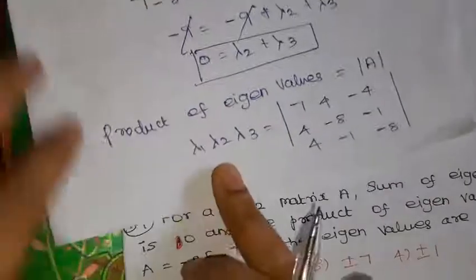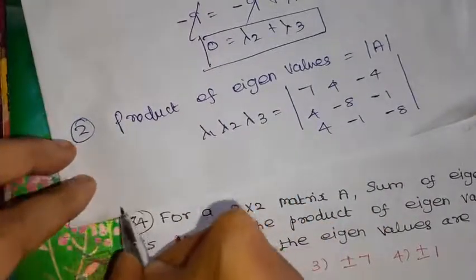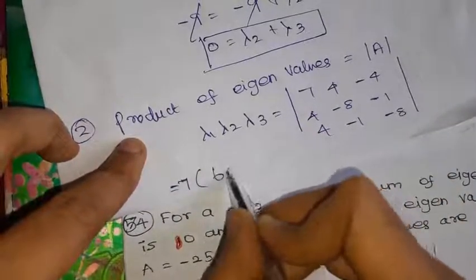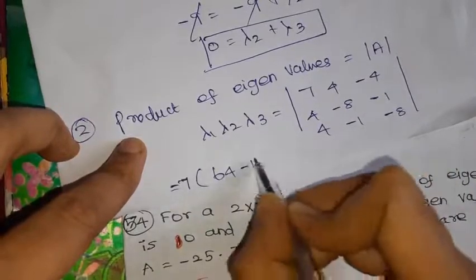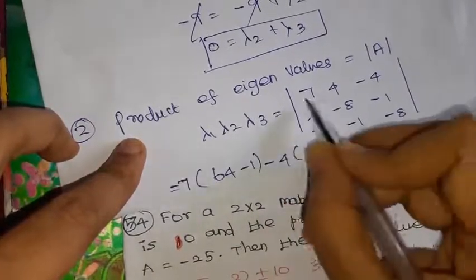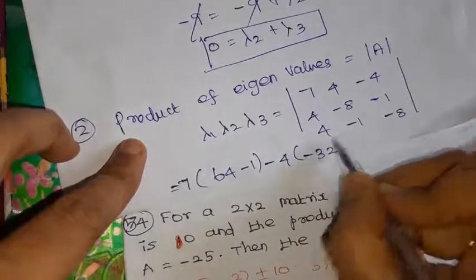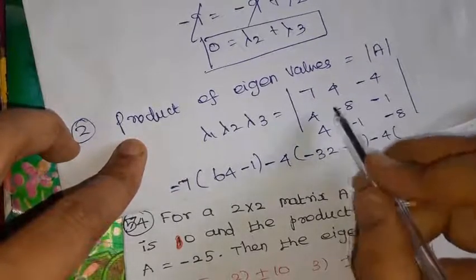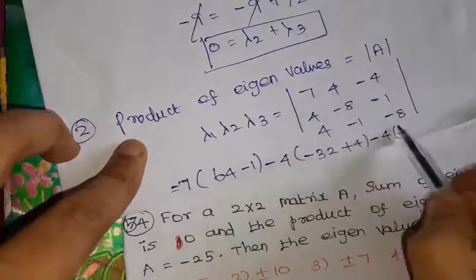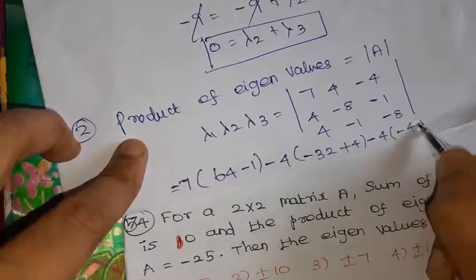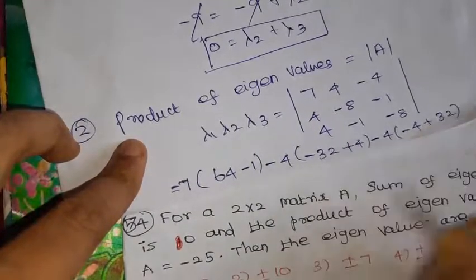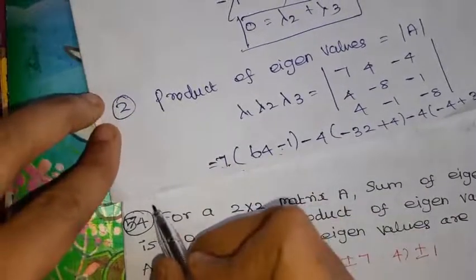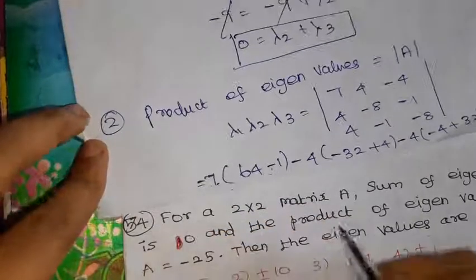Expanding the determinant: 7 into 64 minus 1, minus 4 into minus 32 plus 4, plus minus 4 into minus 4 plus 32. So 7 into 63 gives 441.